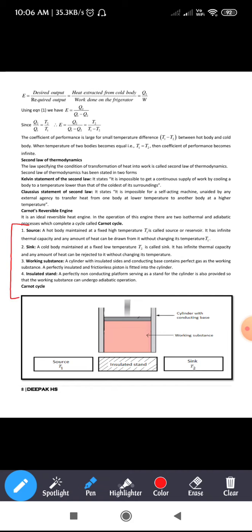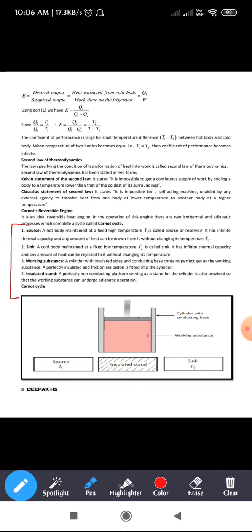The first is the source. A hot body maintained at a fixed high temperature T1 is called a source or reservoir. It has infinite thermal capacity and any amount of heat can be drawn from it without changing its temperature T1.